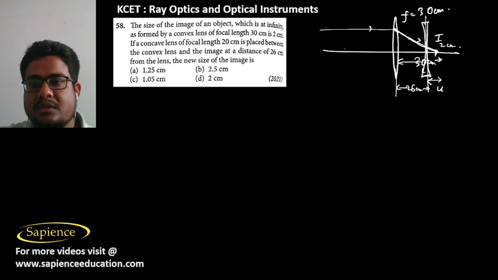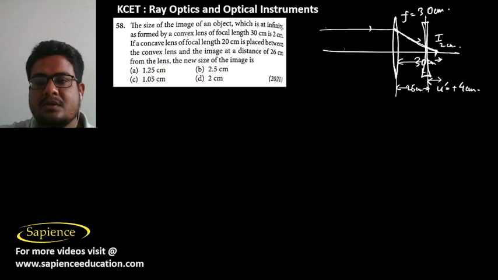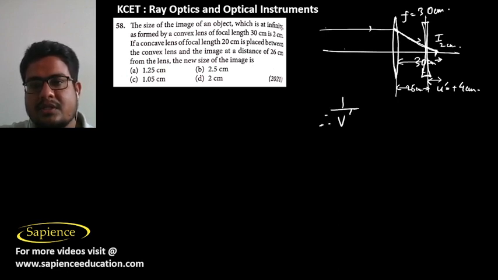So here u dash is plus 4 centimeter. Therefore we find v dash: 1 by v dash minus 1 by u dash equals 1 by f, where the focal length I should write as minus 20 since it is concave.